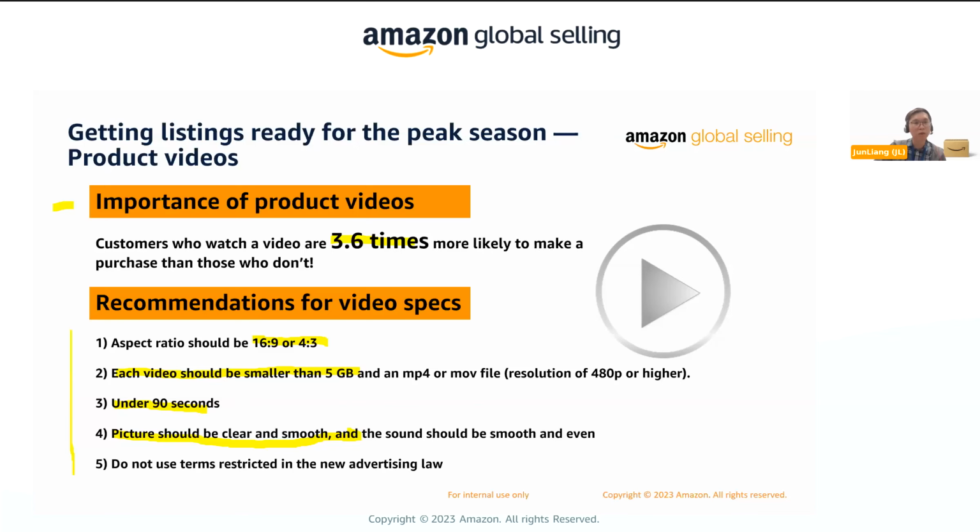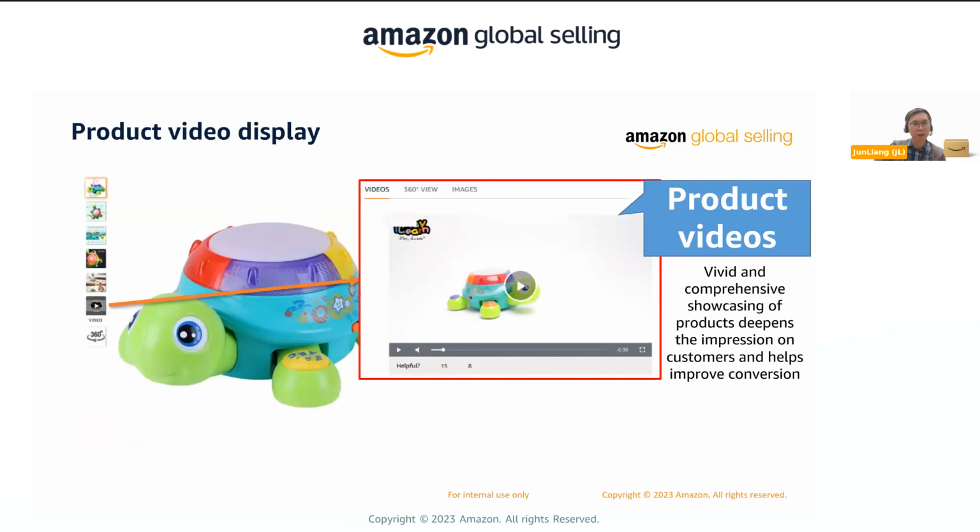In the video, do not use any restricted terms. This is where the videos normally appear if you have a video for your listing. On the image portion where the shopper selects, there's one icon like this, and then they can look at the videos.